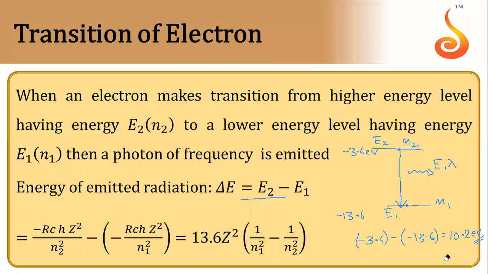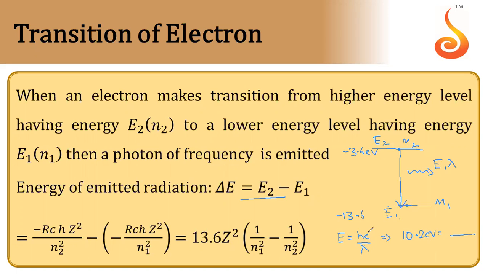Now, once you know the energy of the photon which has been released, you can calculate the wavelength also. You have this formula, energy is hc by lambda. So in our case, the energy of the photon when the electron moved from second to first orbit of hydrogen was 10.2 electron volt, equal to hc by lambda.